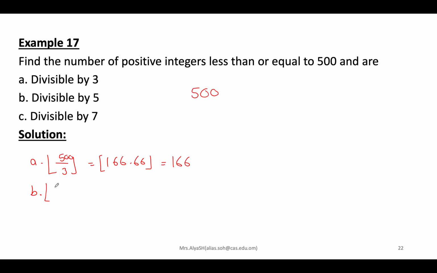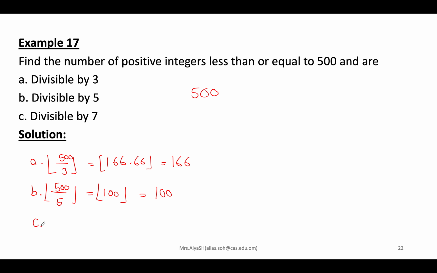For B, we got 500 divided by 5. And if we divide 500 by 5, then we got 100. And yes, from this range, there are 100 numbers divisible by 5.